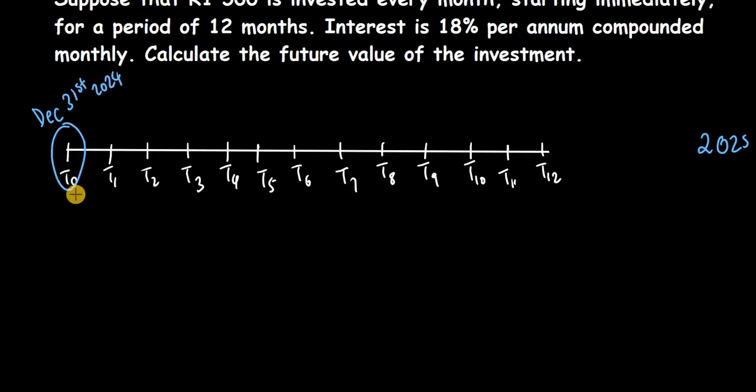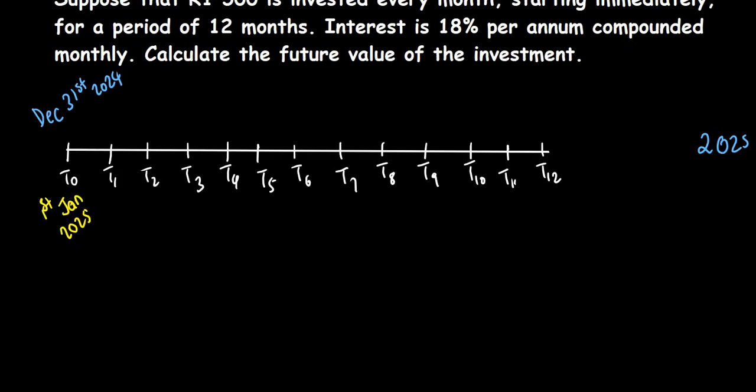That will be T0. Or you can also think of T0 as the 1st of January 2025. Then if you decide to work with month end, this T1 will be the month end of January.